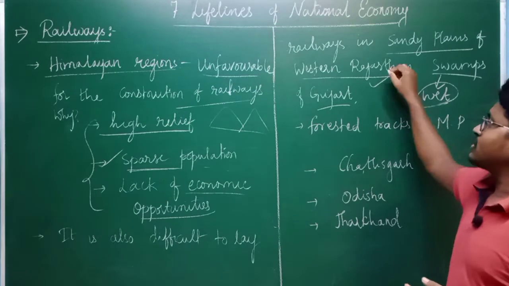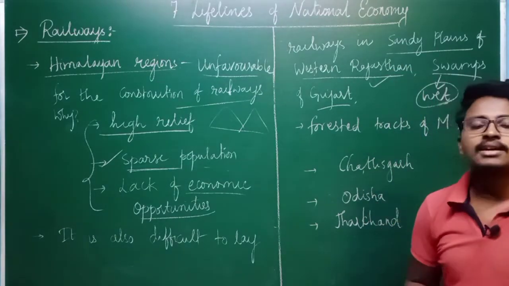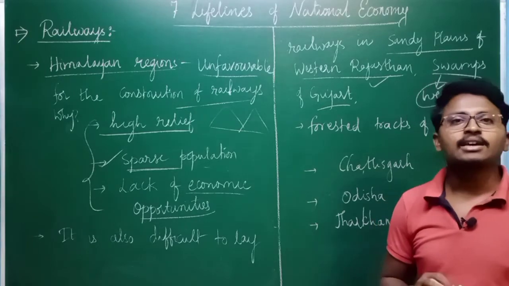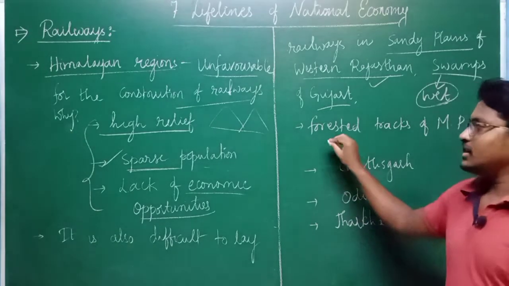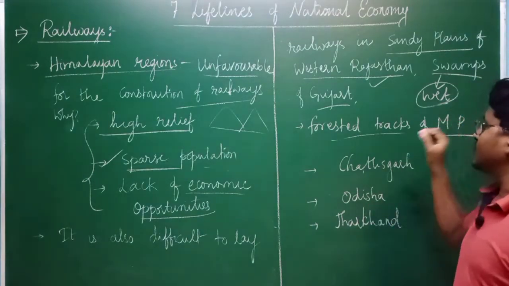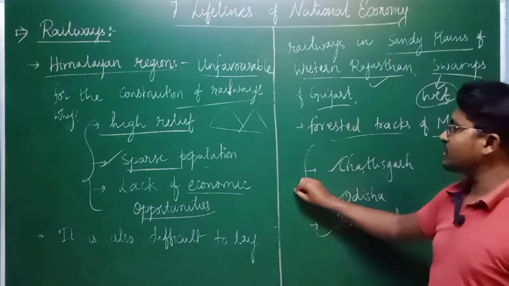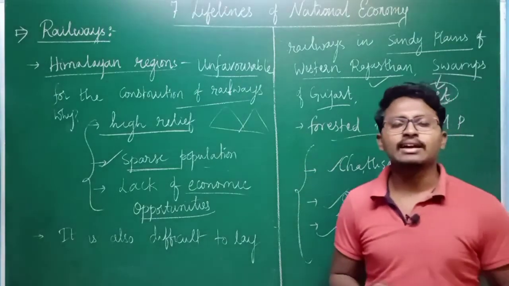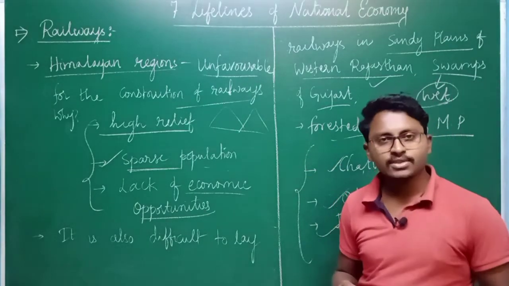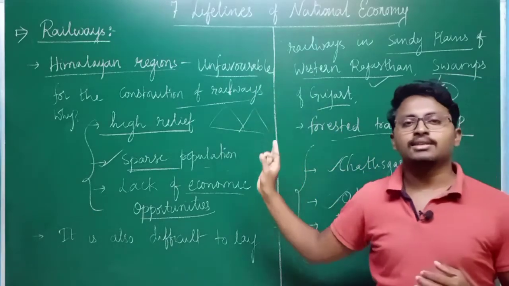In these regions also it is very difficult to construct railway tracks. At the same time there are some forested regions, completely covered with different types of forests, like Madhya Pradesh, Chhattisgarh, Odisha as well as Jharkhand. Because of this forest cover also, it is very difficult for the railways to construct tracks.